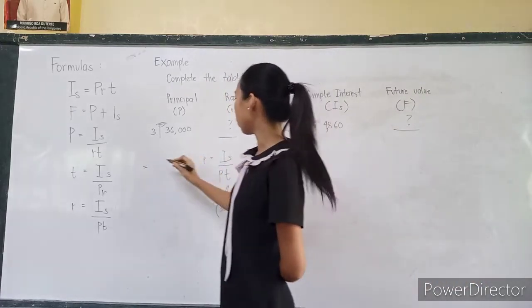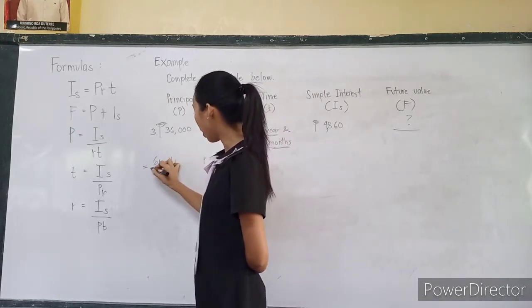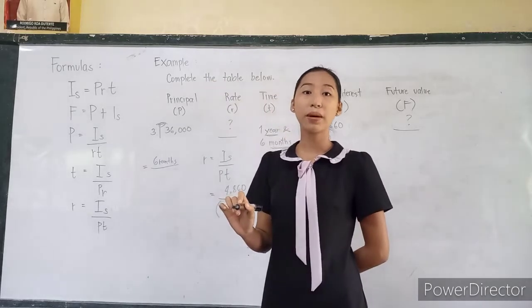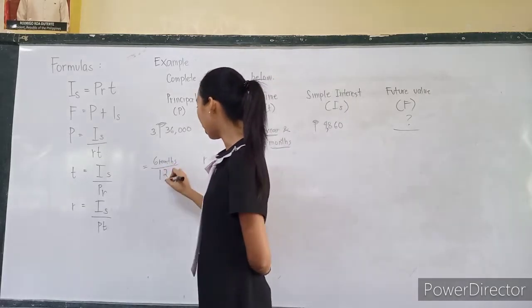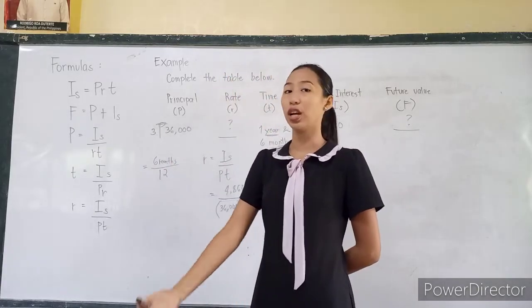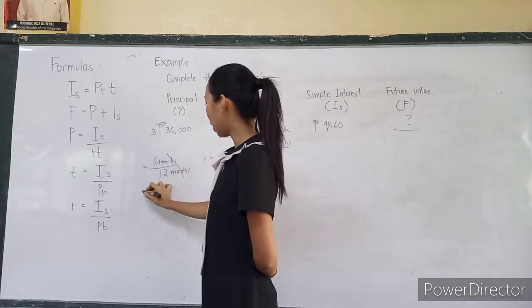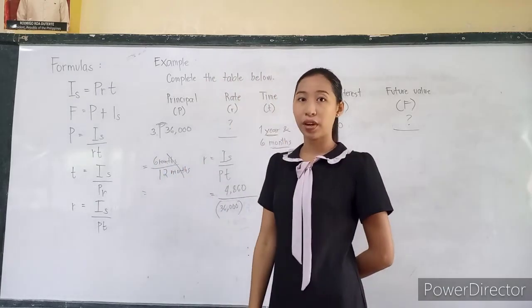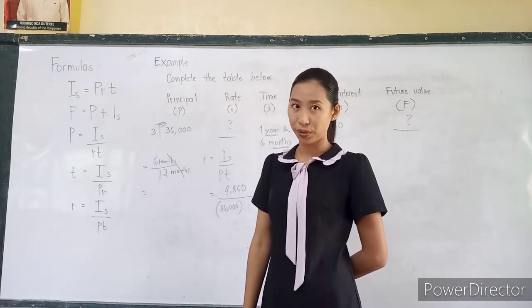Naman nato si 6 months. So, si 6 months, atong i-divide sa pila ka months ang imong isa ka year? 12. So, i-divide nato siya sa 12 para mahimo siyang year. Diba? Ma-convert siya into year. So, 6 divided by 12, that is going to be 0.5.